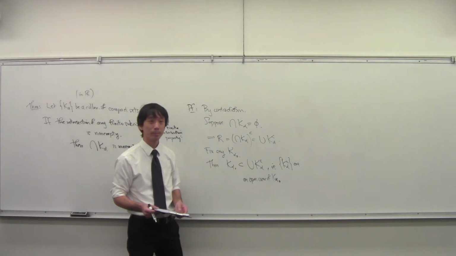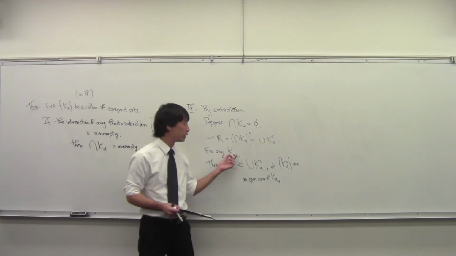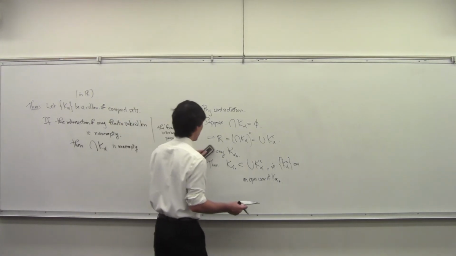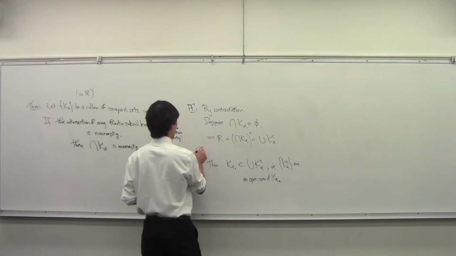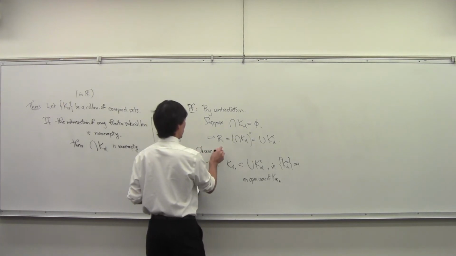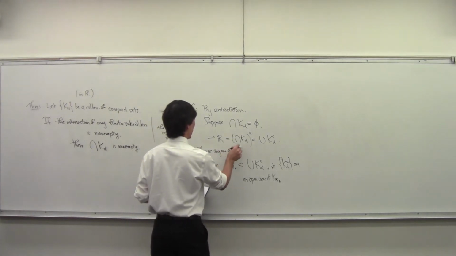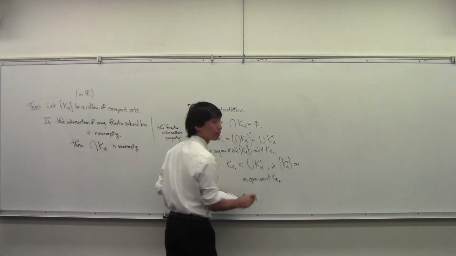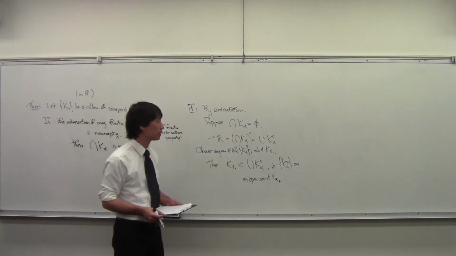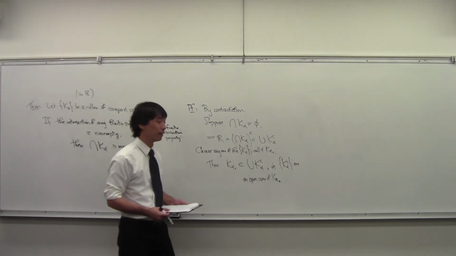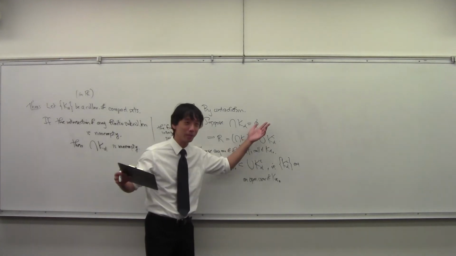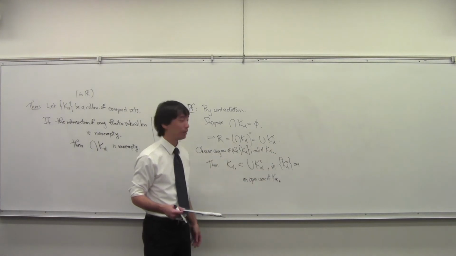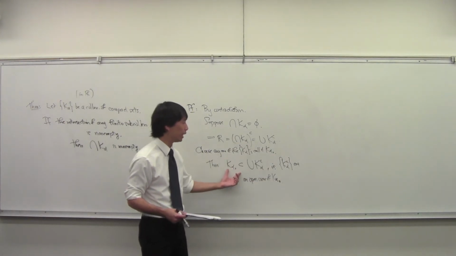K alpha naught was just any one of the K alphas. Choose any one of the K alpha and call it K alpha naught. Because this thing covers the whole space, it certainly covers K alpha naught.